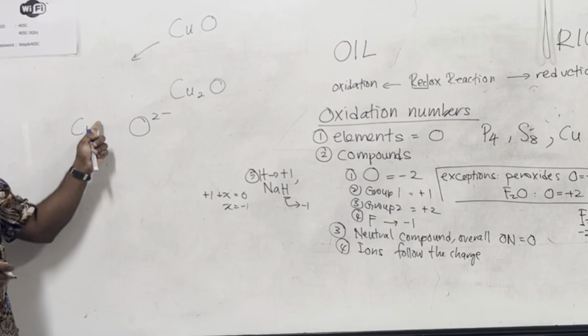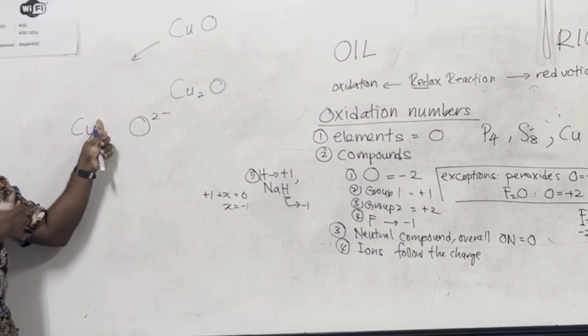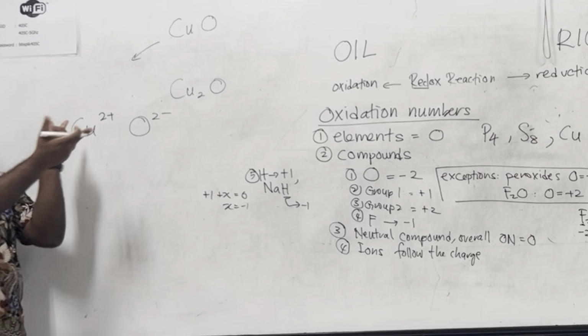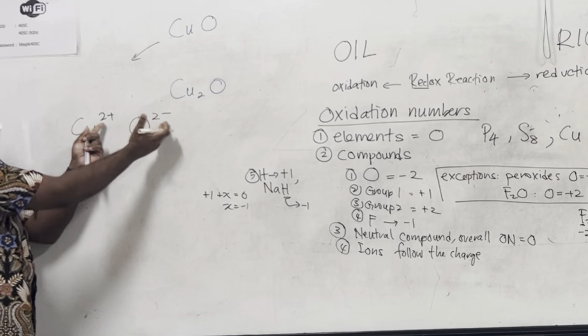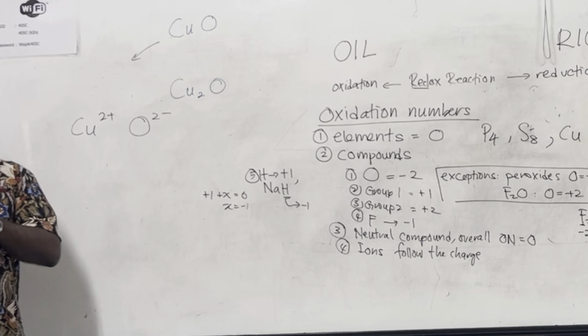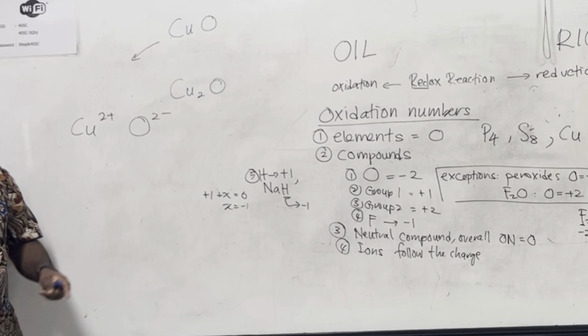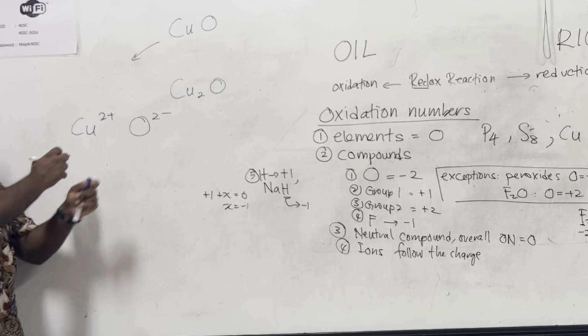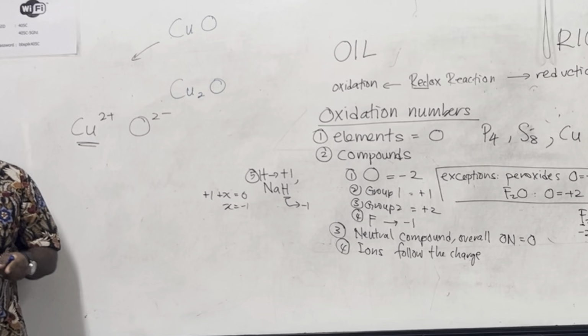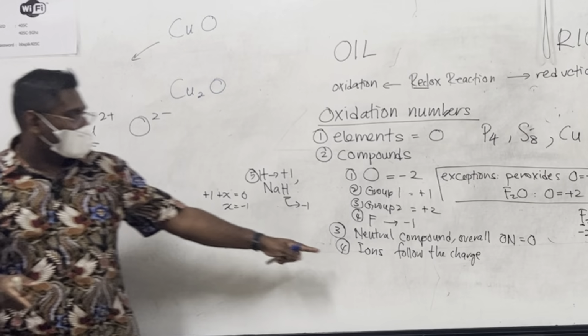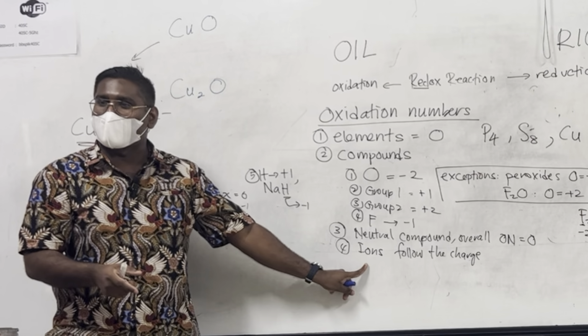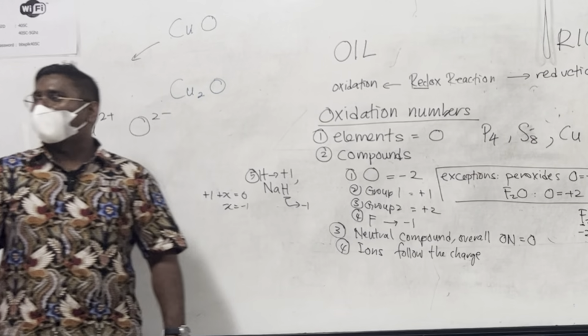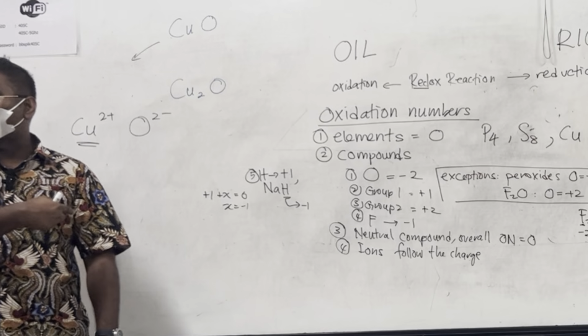It means what is the charge that's supposed to come over here? Plus 2, which is 2 plus. Then you will have CuO. So if I want to tell what is the oxidation number of copper, the ion will follow the charge, which is plus 2.